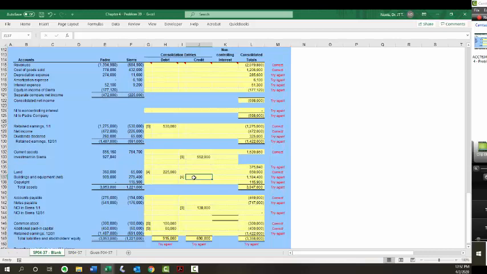It was originally $24,000. Let me see here. Oh, Padre, this is all the same year. So 2018 to the end of 2018. So it is the full 24,000.